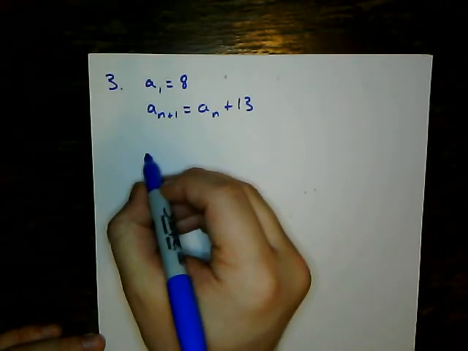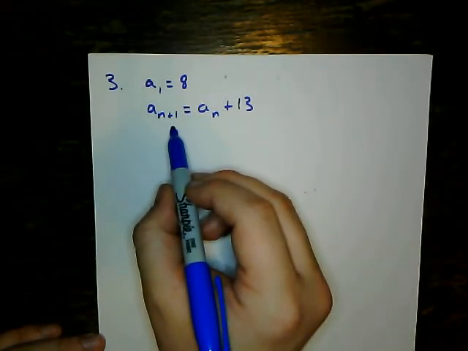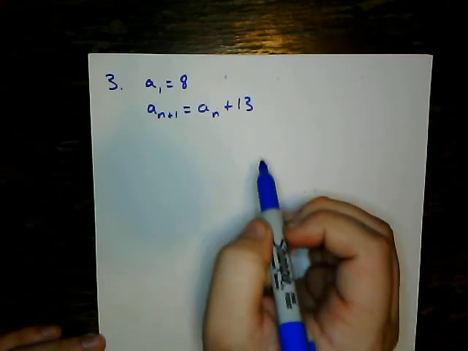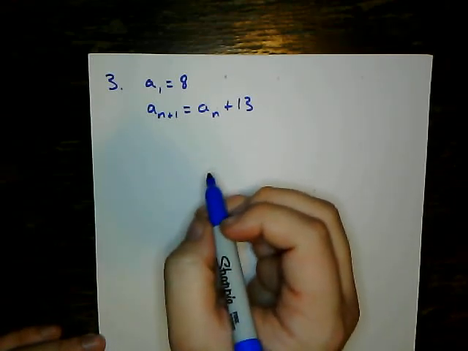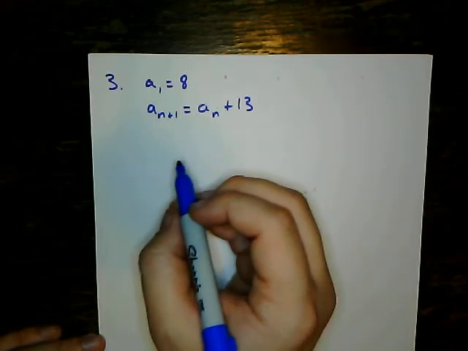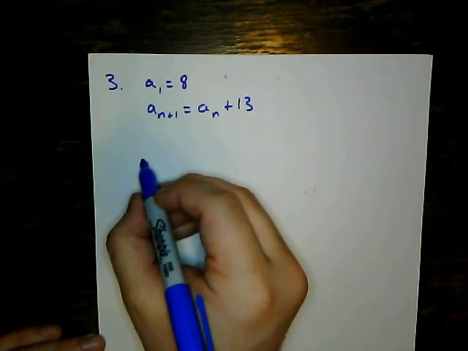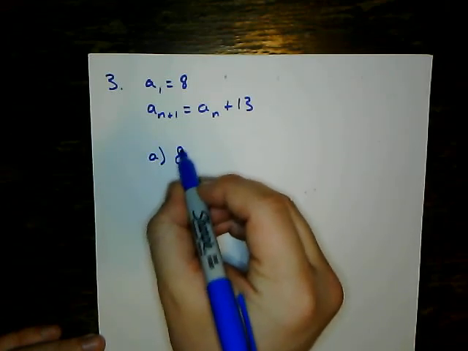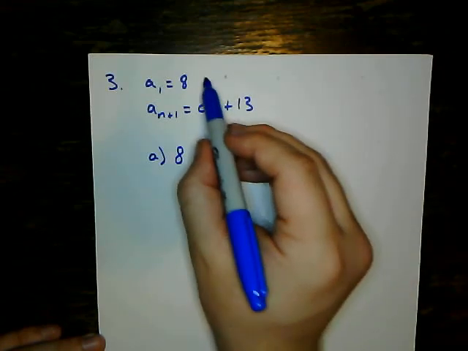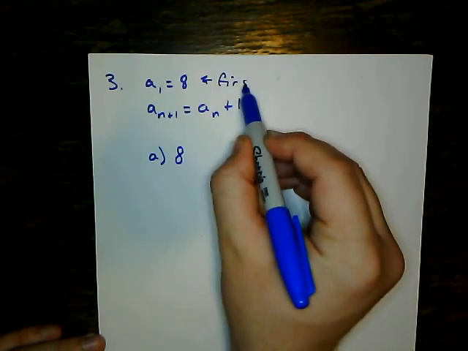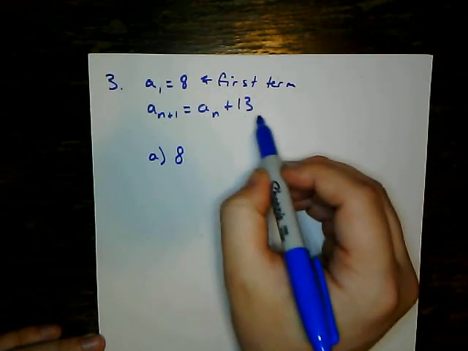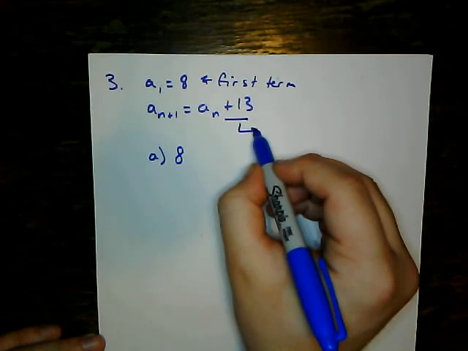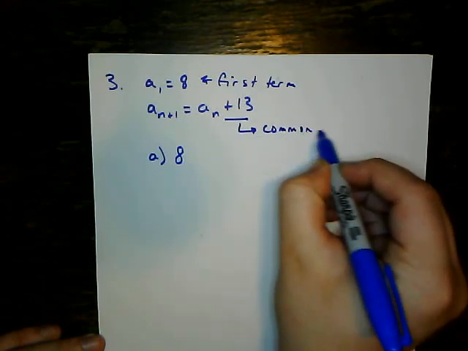So we've got A1 equals 8, A_(n+1) equals A_n plus 13. It's going to work the same way. Now, we are writing the first 5 terms, so we're going to start with that 8 there. Here's our first term, and our pattern is just tacked on right there. There's our common difference.